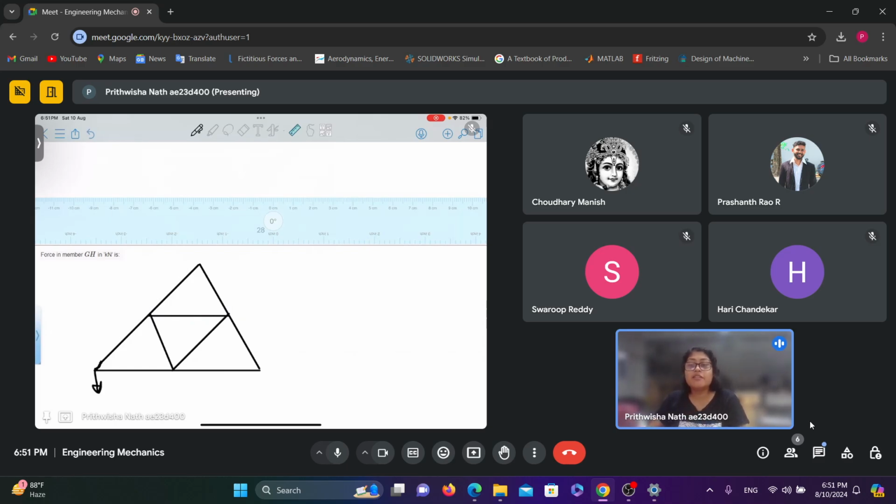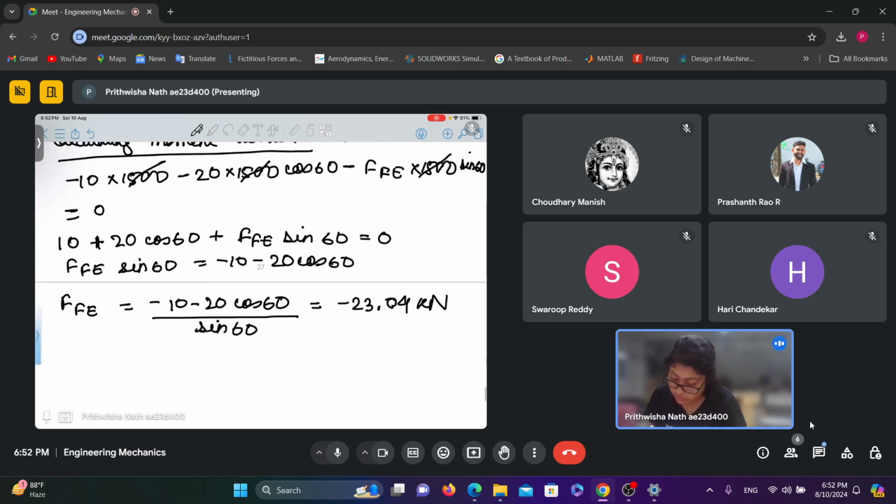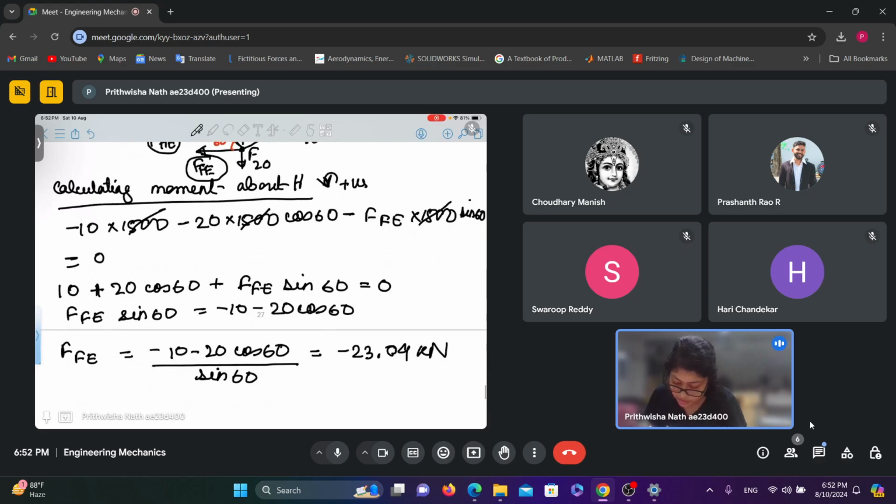So here there were reaction forces, right, of 10 kilonewton. This is A, B. Here it was 40 kilonewton. This is D, E, C. This was point G, F, G, H. We have seen that the force in member EF is acting in the opposite direction.